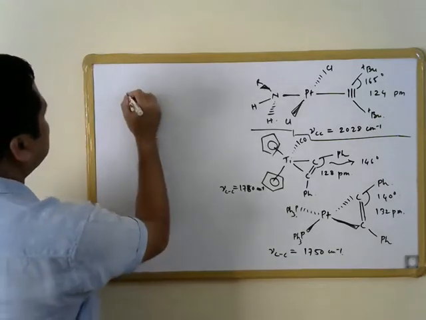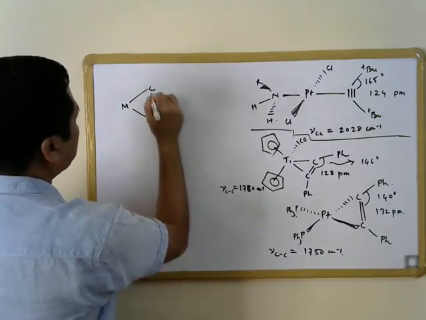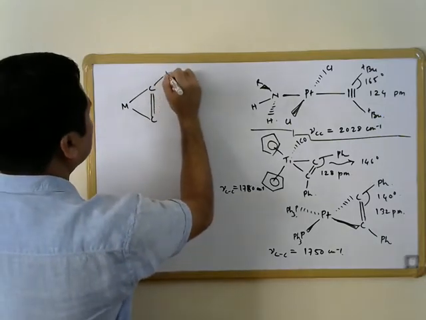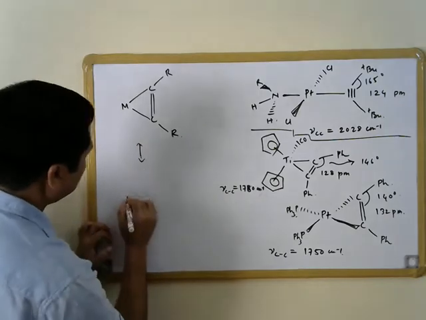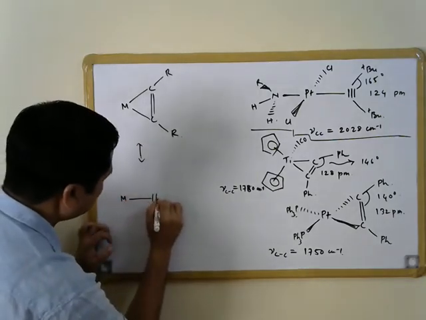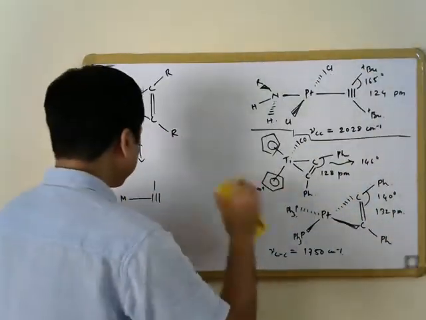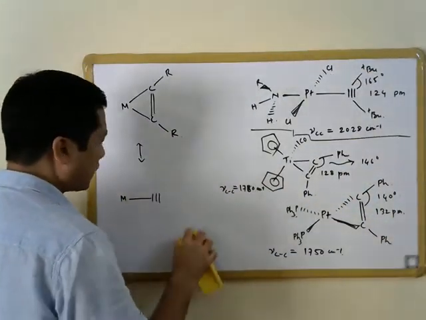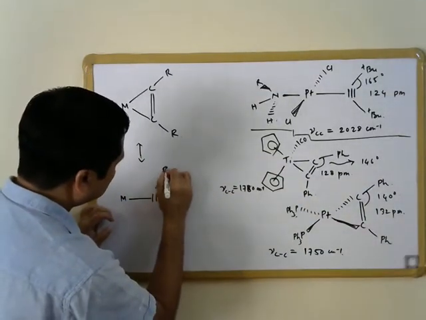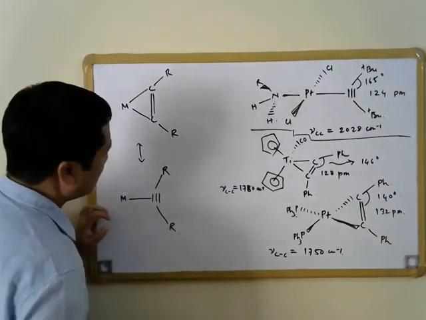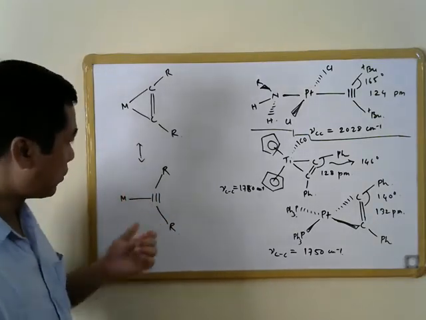So we can write a metallacyclopropene-like canonical form, as well as we can write this sort of canonical form where the alkyne carbon atoms retain the sp hybridization to a large extent.